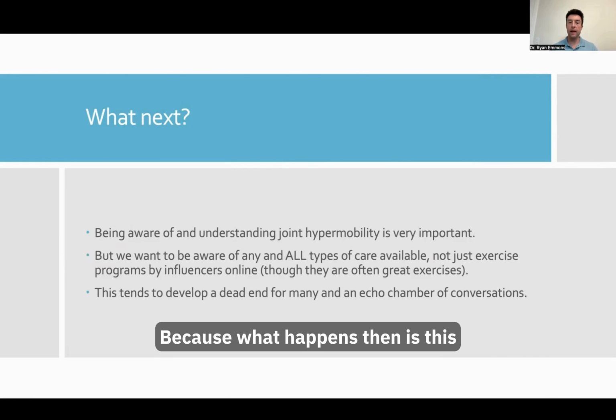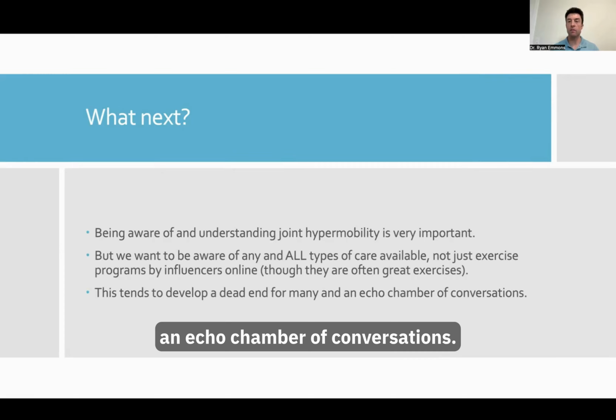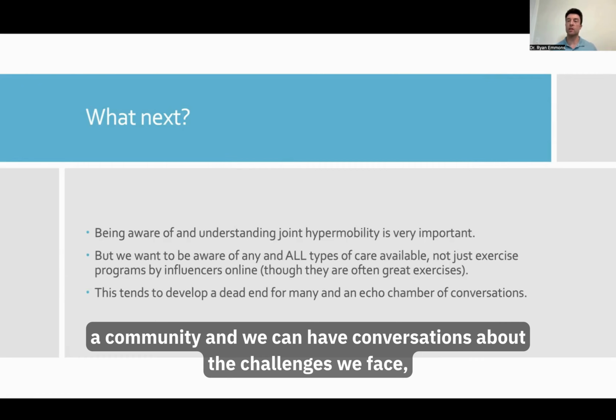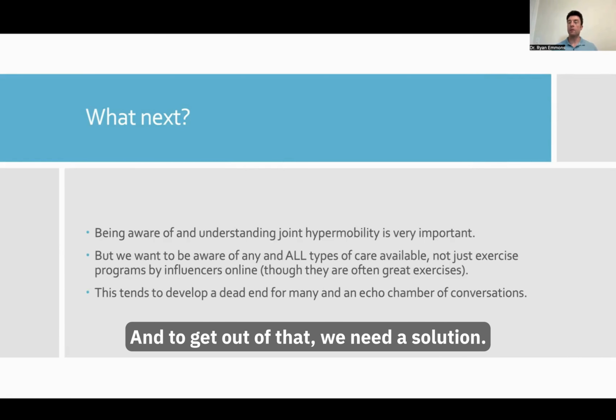Because what happens then is this tends to develop a bit of a dead end for many and an echo chamber of conversations. People get lost. And it's all great that we find a community and we can have conversations about the challenges we face, but ultimately you still get stuck. And to get out of that, we need a solution.